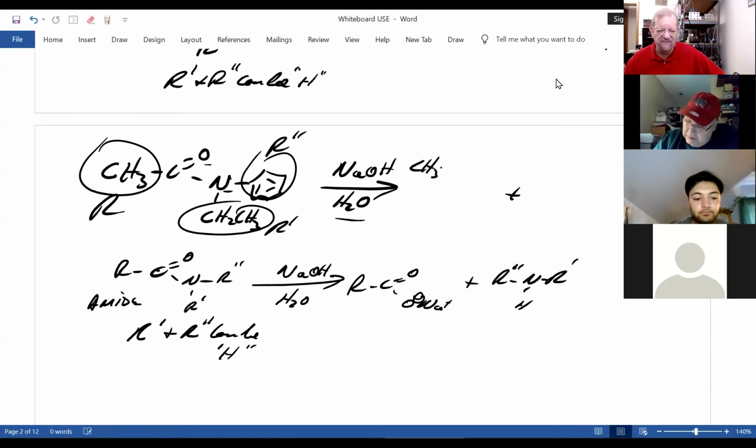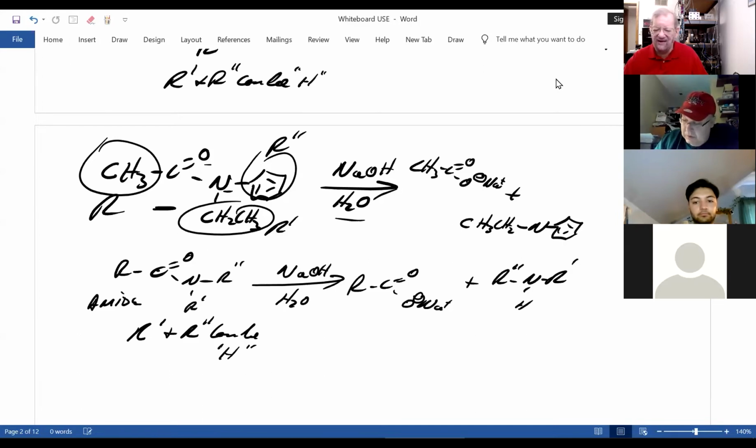Therefore, I get the carboxylate anion of the carboxylic acid you would have used to make this amide. And my amine, one R group is ethyl, the other one is a benzene ring. Doesn't matter which side you put these on. I could have swapped them, and I have a hydrogen because there's 3 bonds to nitrogen. And that's how you do that.